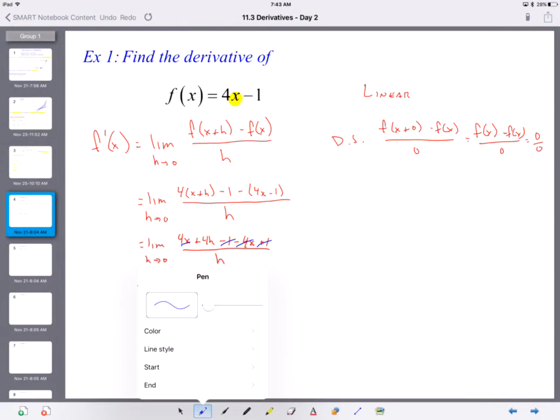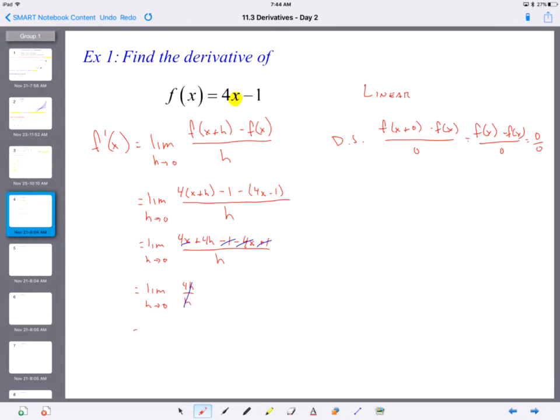So we're left with the limit as h approaches 0 of 4h over h. We still need something to cancel. Direct substitution is not going to work. So what do we find out? The h cancels.